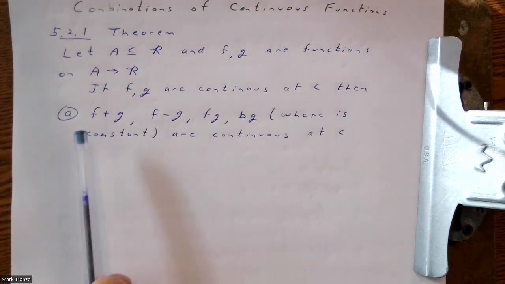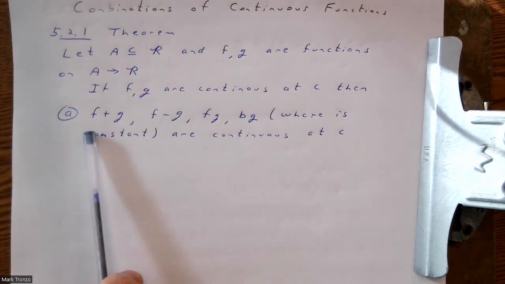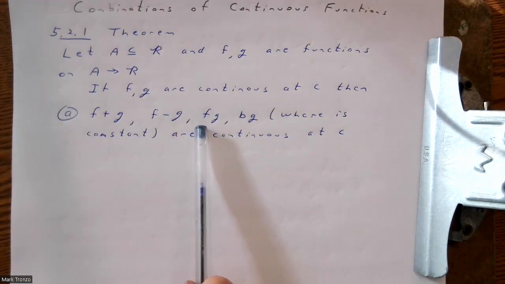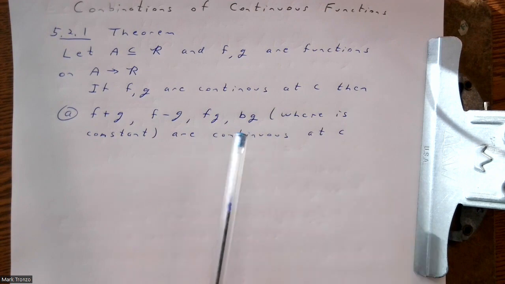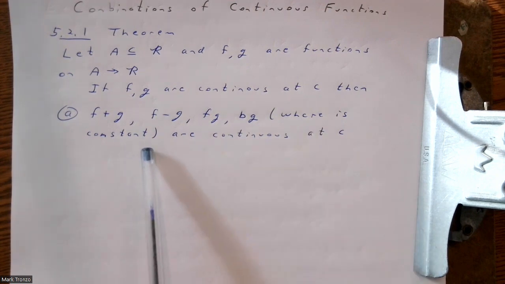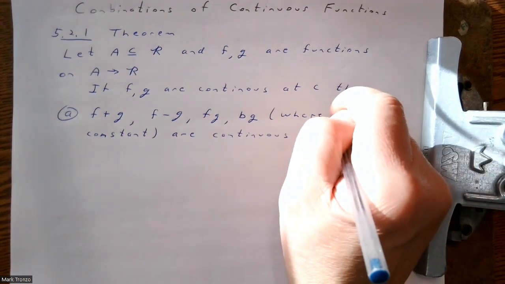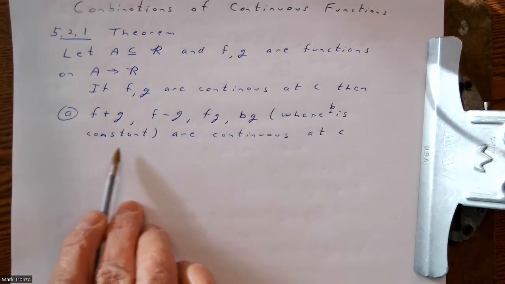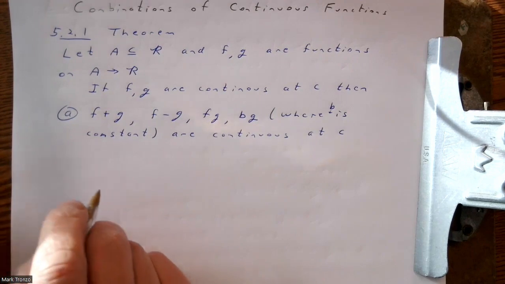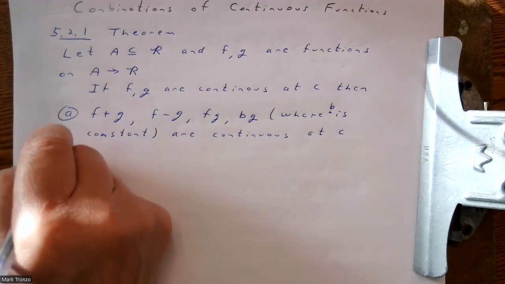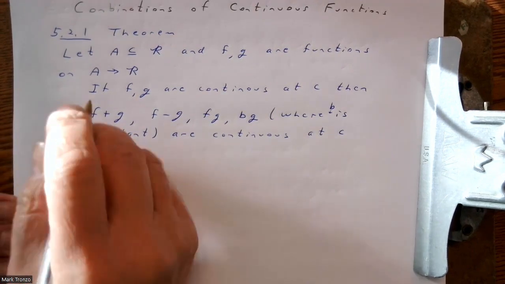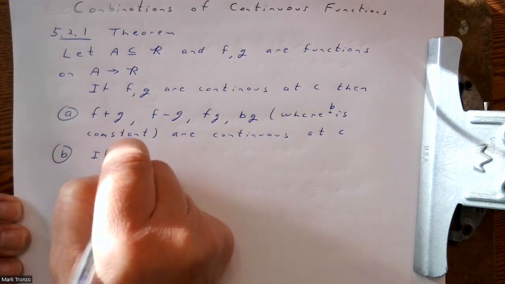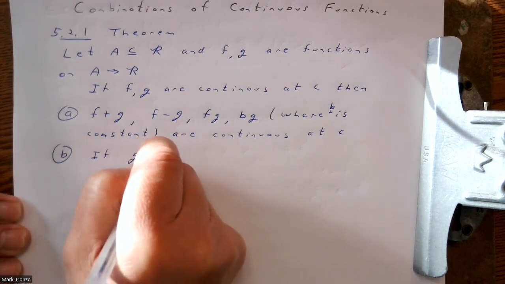Again, like I say, you use these a lot without even realizing it. If you have two functions, the sum of two continuous functions is continuous, the difference is continuous, the product is continuous. If you multiply any continuous function times b, where b is a constant, it is also continuous. And then, of course, the quotient as well is continuous as long as the function in the denominator is not 0.